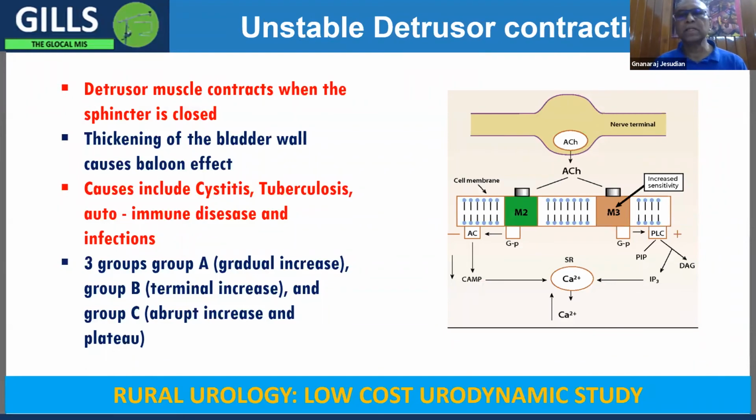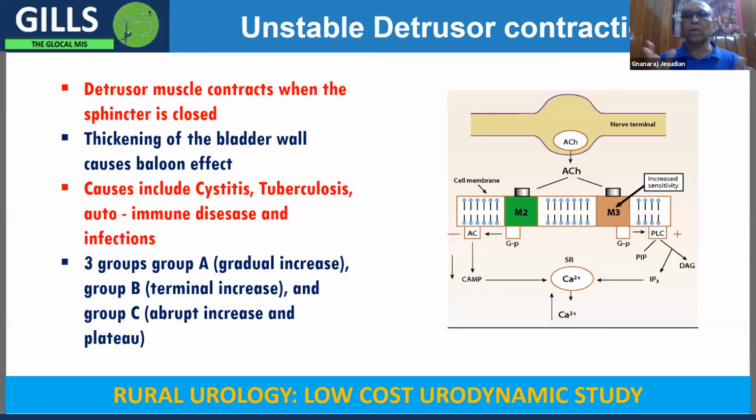Then, as we mentioned earlier, we have what are called unstable contractions. These are contractions of the bladder muscle which occur when they're not supposed to occur. Normally the bladder muscles are supposed to contract only when you want to pass urine. The sphincters are relaxed and the urine has to flow out, and that is the time the bladder muscles contract.